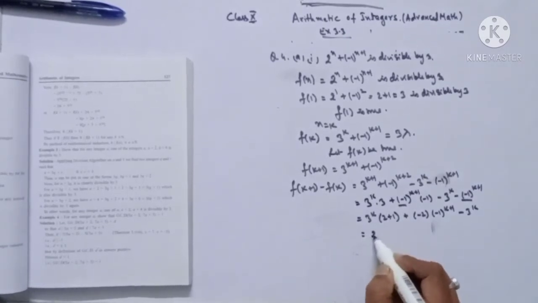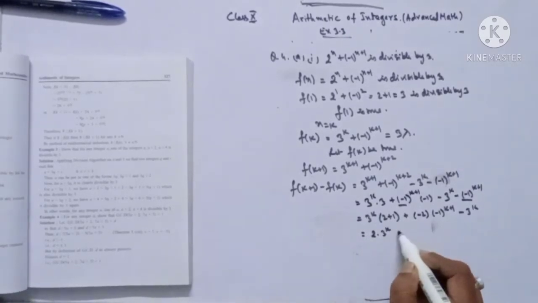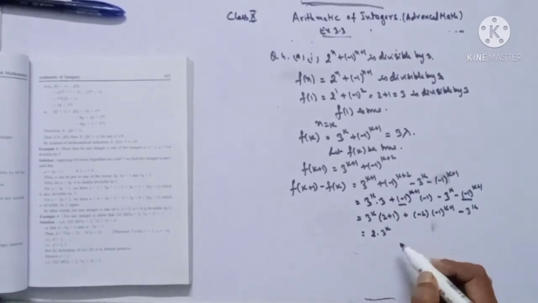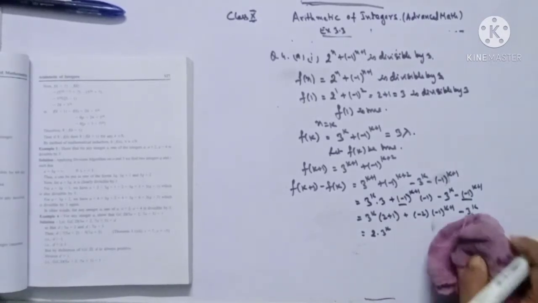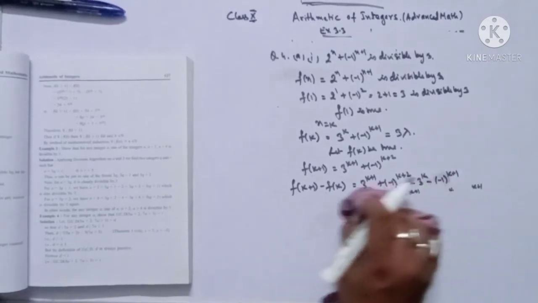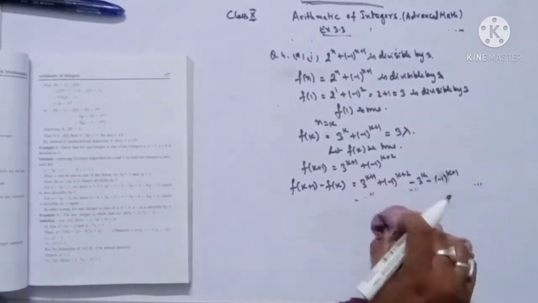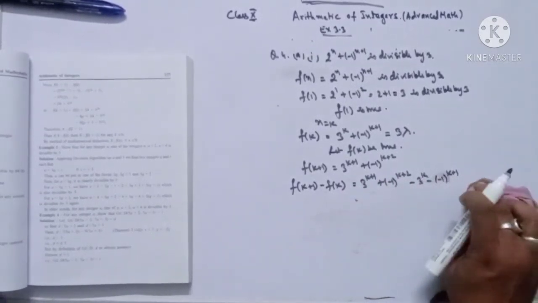So here 2 into 2 to the power of k, same thing happens here. There is something wrong here. Let me adjust it. How to make the adjustment?